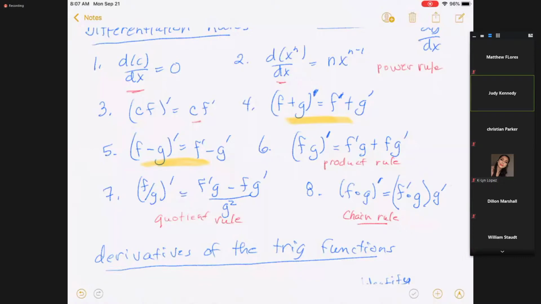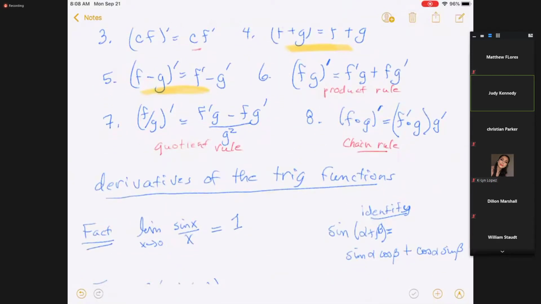That derivative is the derivative of f composed with g, so that's another composition there, multiplied by g prime. We spent a couple of days talking about the chain rule. Thought we'd spend today talking about the derivatives of the trig functions.